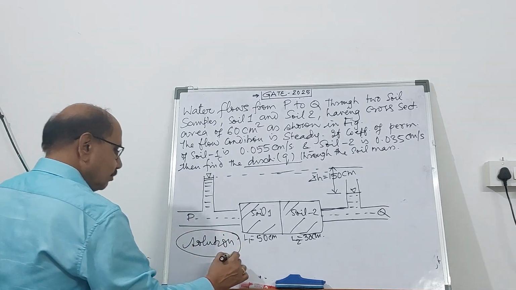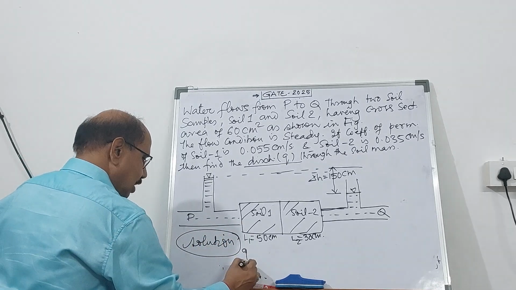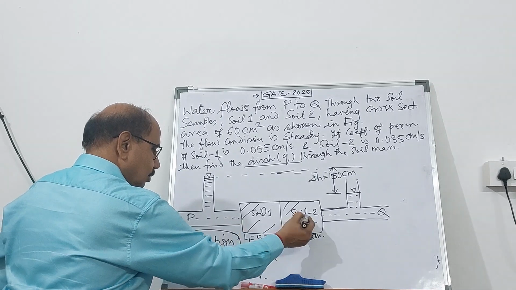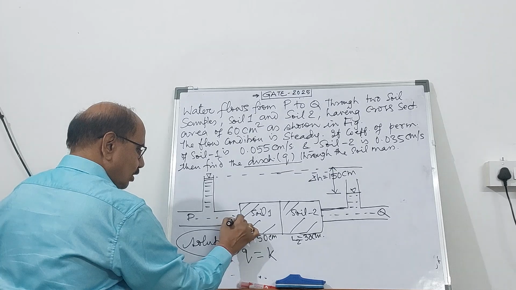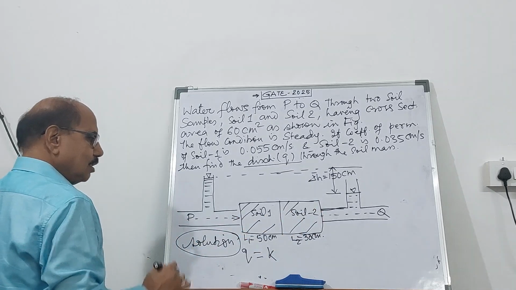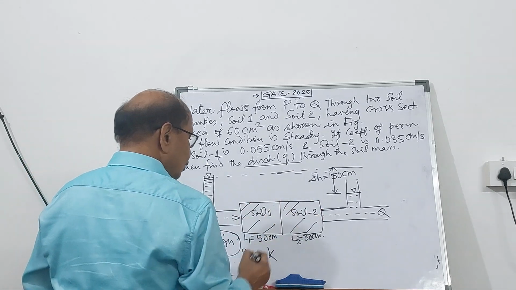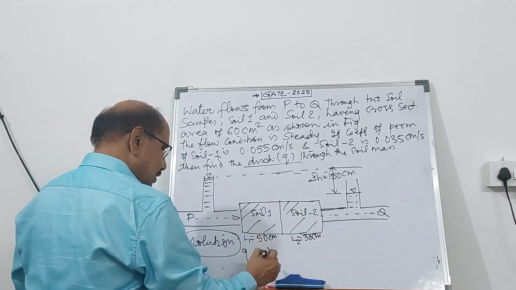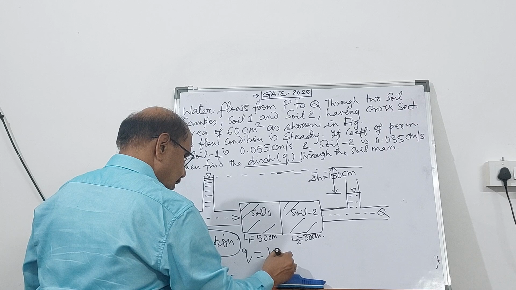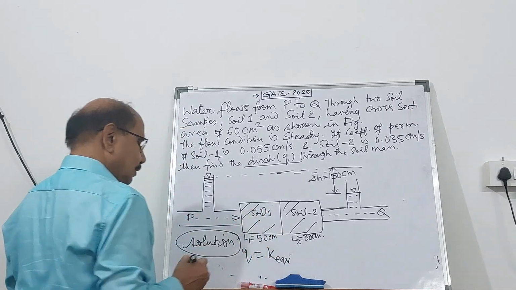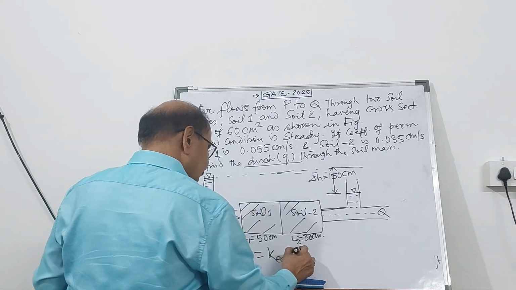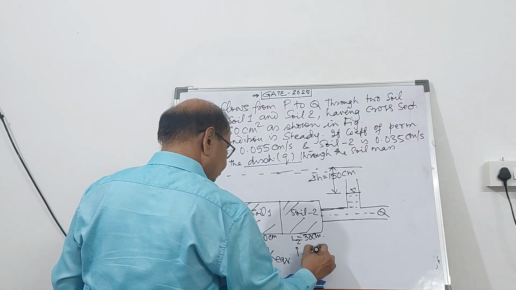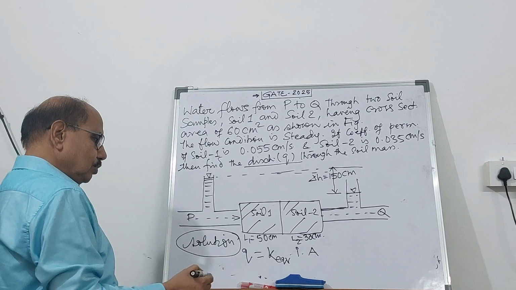The solution of this problem: the discharge Q will be, now you have got two soils and the water is passing perpendicular to the bedding planes. So K equivalent into i, that is the hydraulic gradient, into the cross-sectional area. Cross-sectional area is given to you.